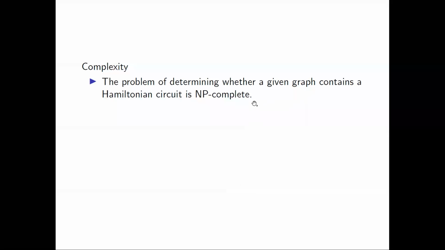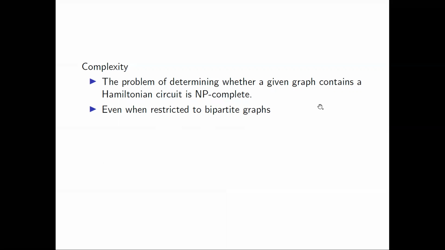So this problem of determining whether a given graph contains a Hamiltonian circuit is NP complete. And for this problem, you can be given any graph. And so determining whether there is a Hamiltonian circuit, it's as hard as any problem that's in NP. And it stays as hard as any problem in NP, even if you restrict it to just bipartite graphs.